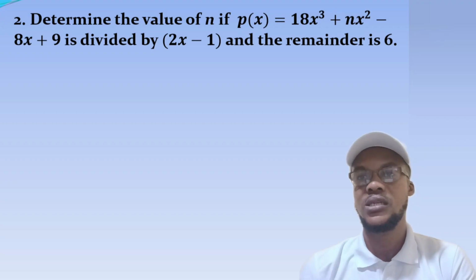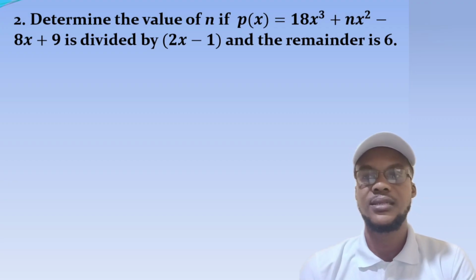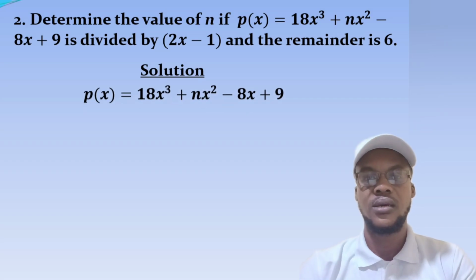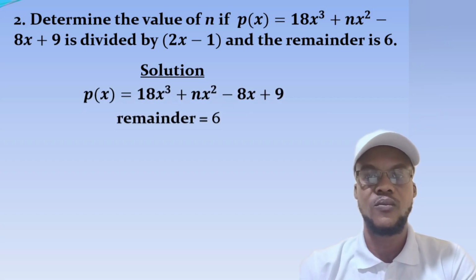Looking at this question, you can see that the remainder is already given. In the previous one, we were asked to find the remainder. That's what we did in example 1. But for example 2, we had to find the value of n. We don't know what n is, and the remainder is also given. So let's see how we can solve this example.